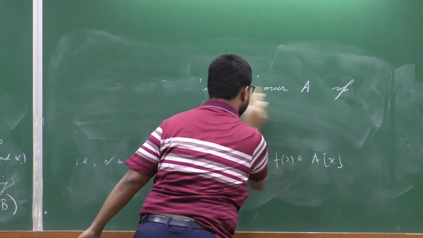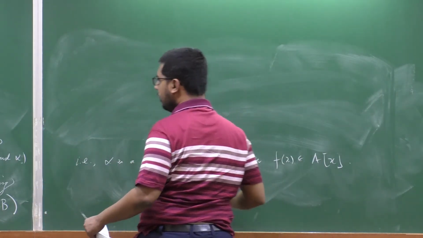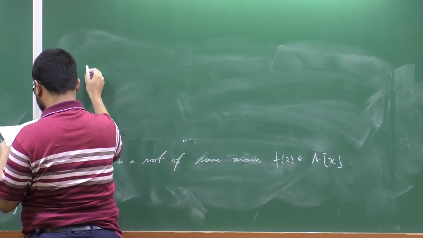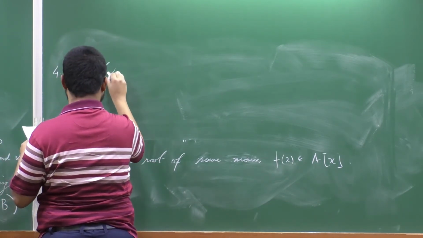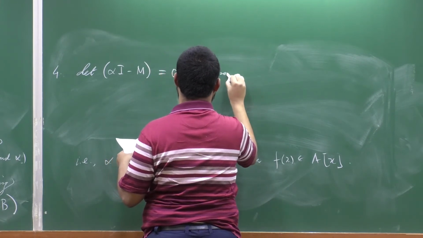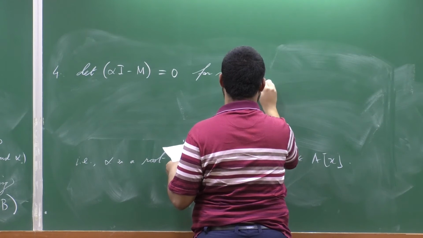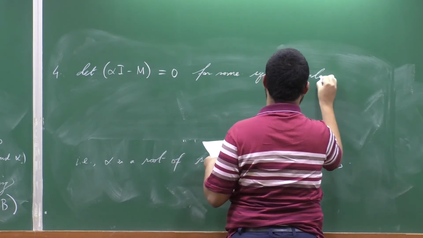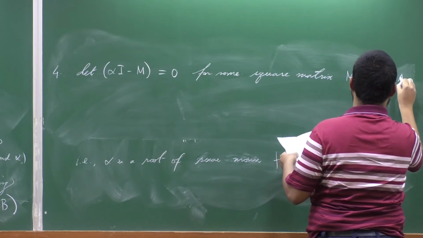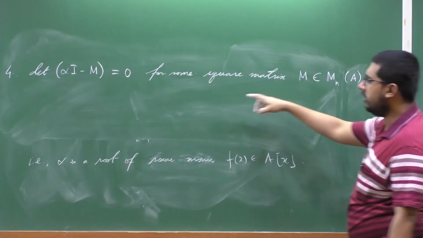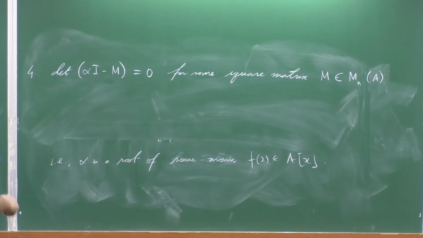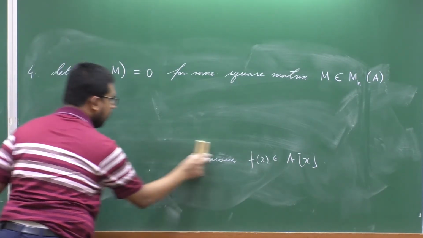The fourth one says that the determinant of alpha minus M is 0 for some square matrix M over A. In other words, alpha is an eigenvalue of the matrix M. So, these are going to be equivalent, we will prove.